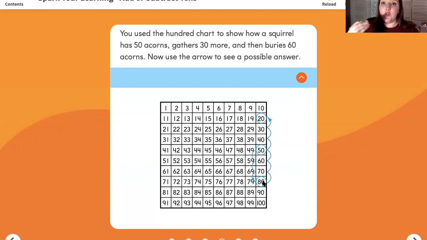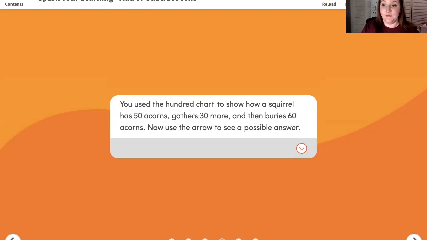Then they subtracted 60. Those are the 60 that the squirrel buried. So they're getting rid of 6 groups of 10. 1, 2, 3, 4, 5, 6. So our final answer is 20.